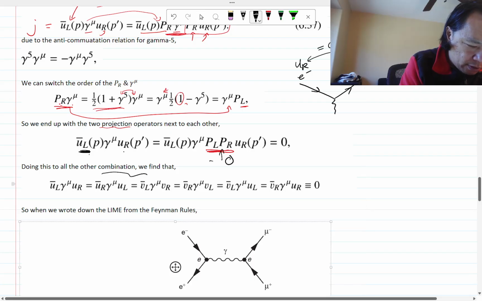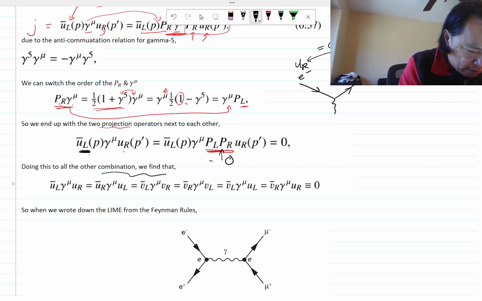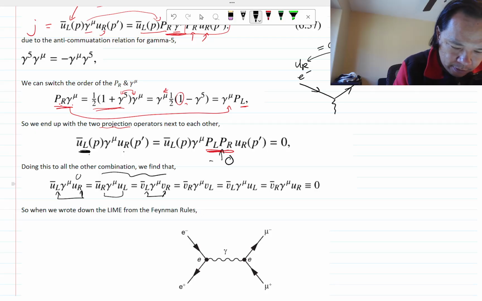And you can do this for a bunch of other combinations. This sounds like a good homework problem. You'll see that whenever you have a chirality changing particle to particle, you get 0. Chirality changing antiparticle to antiparticle is also 0.